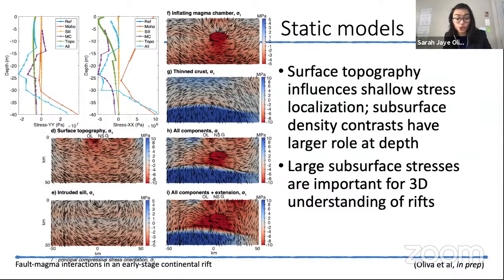We are using the geology convention, where sigma 1 is the principal compressive stress. In this modeling study, we use it as a proxy for the preferred orientation of magma or fluids.